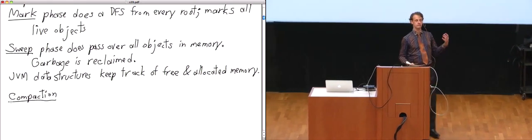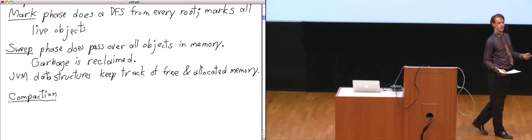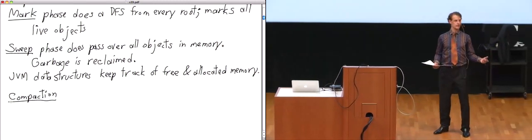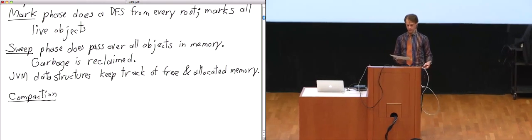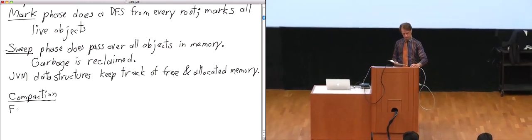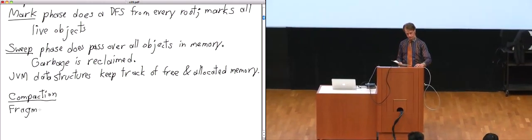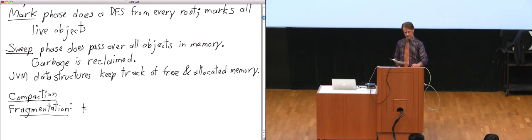So again, you allocate a bunch of objects, you free a bunch of objects, garbage collect some of them, others you don't garbage collect. You wind up with fragmentation, which is the tendency of free memory to get broken up into lots of small pieces.